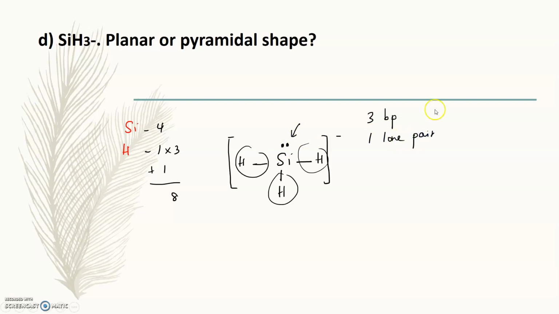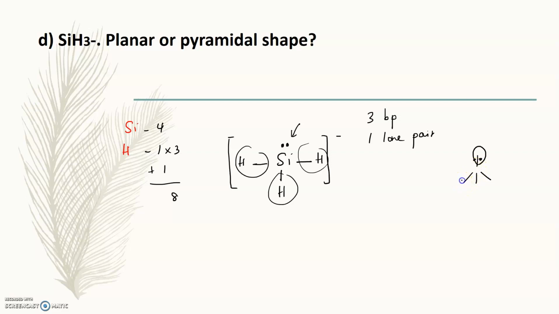So the geometry for this ion. Okay, so actually if 4 atoms fully bonded to central is tetrahedral, but now 1 is a lone pair on central atom.